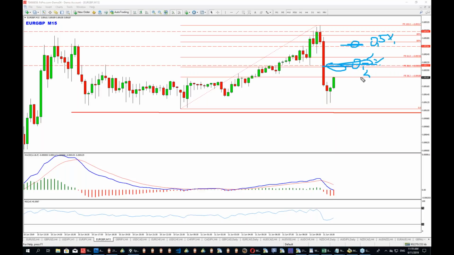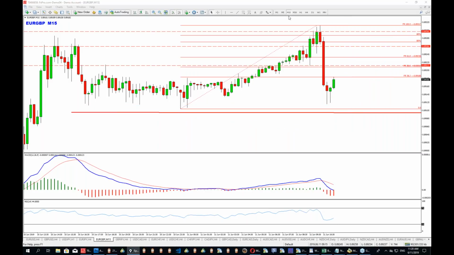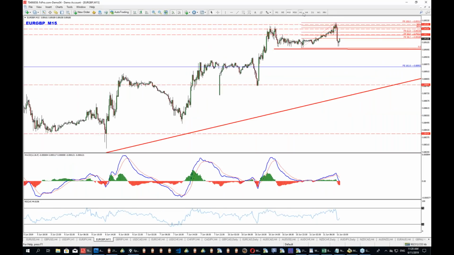Not 0.5%, sorry, 50% of your lot size here and here. And tiny stops, if it moves even towards the breakout zone, you can already cash out. All right, so that's about this one.